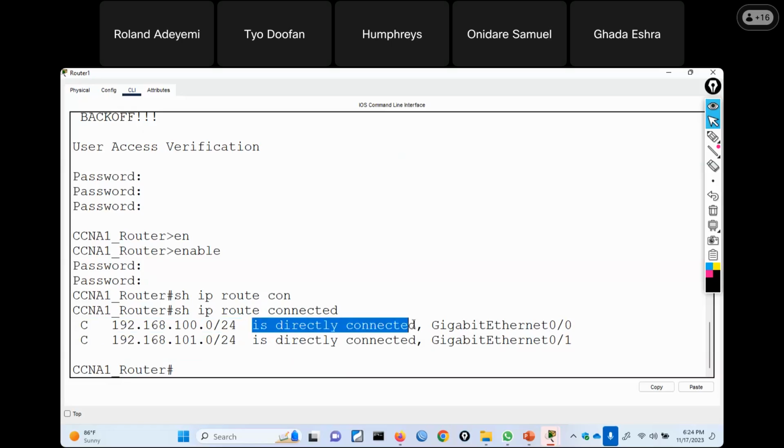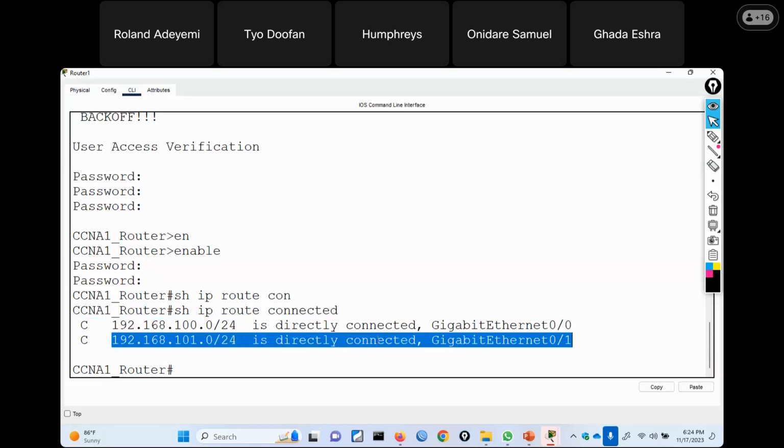See, it is directly connected on this interface. Then there's another network, 192.168.101.0, directly connected on gigabit 0/1. Those are the only two networks that this router knows about. And those are the only two networks that can talk to themselves through this router.